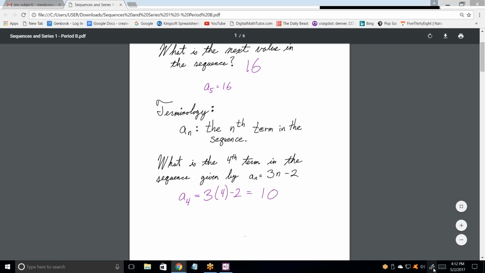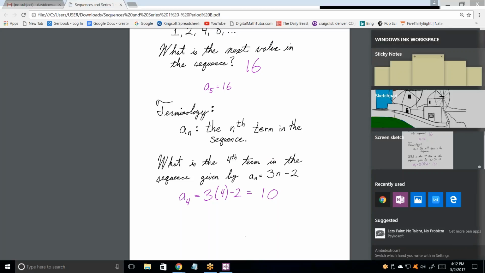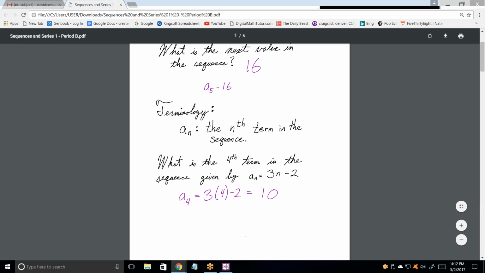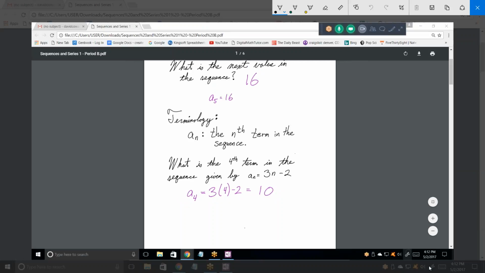Now, let's figure out how they got this. A sub 4. If I use the nth term, I get a sub 1 times the common ratio to n minus 1, right?